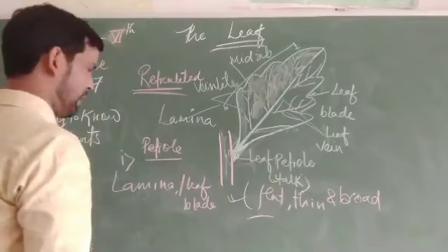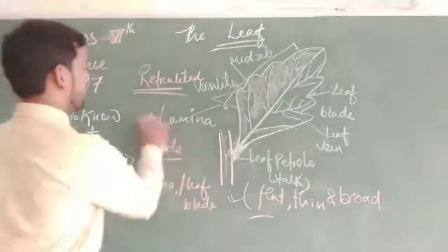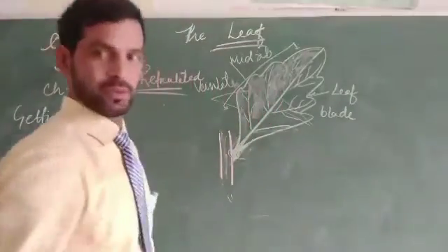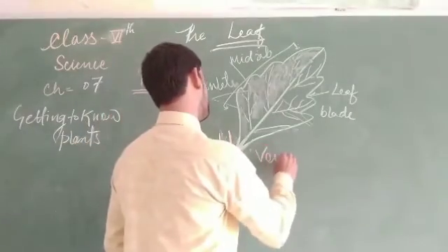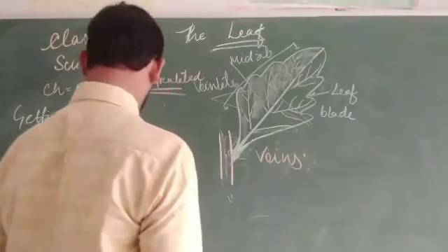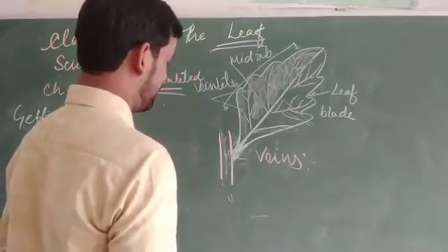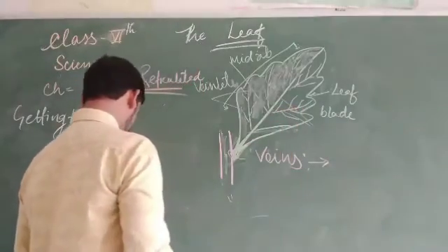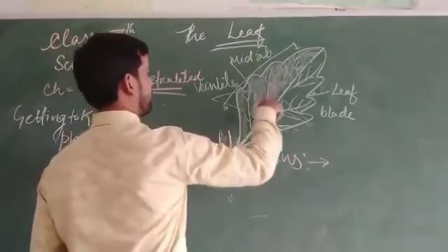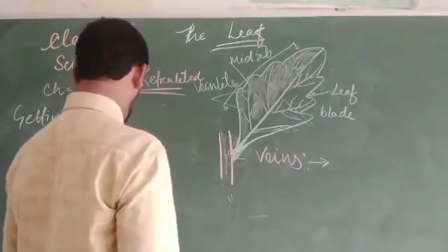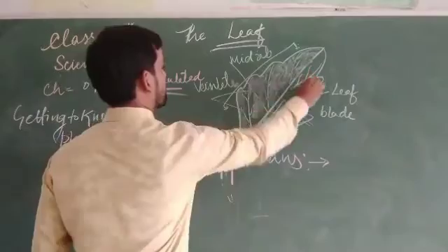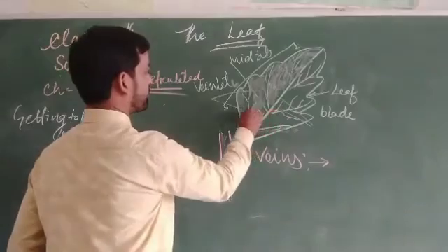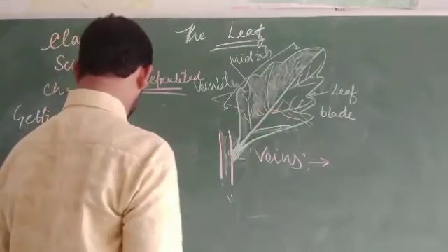Next is veins. What are veins? What are they used for? Veins are the network of small, narrow, tube-like structures on both sides of the midrib.